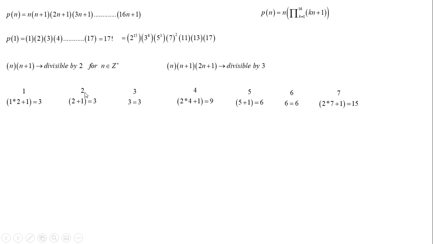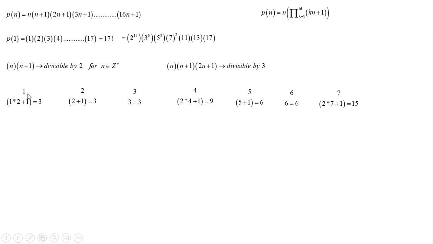And when n equals 2, we will use the middle one, which is 2 plus 1 equals 3. And when n equals 3, we will use the first one, and it is divisible by 3 itself. And the sequence will be repeated.